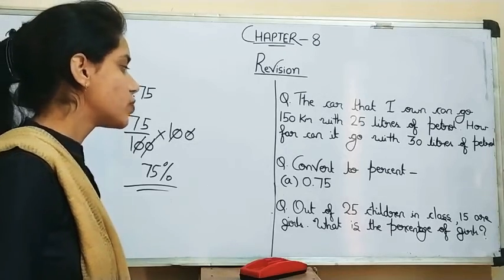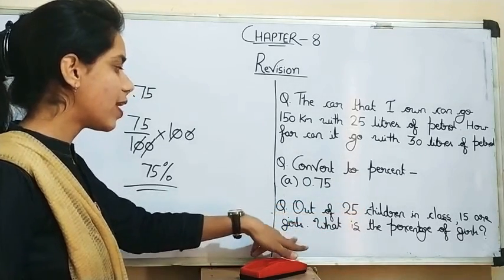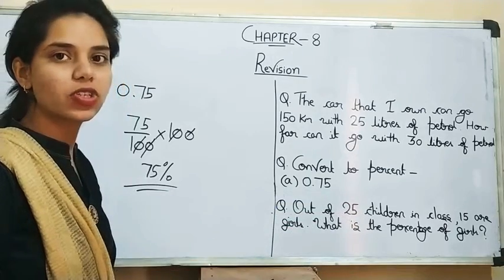Now, out of 25 children in a class, 15 are girls. What is the percentage of girls?